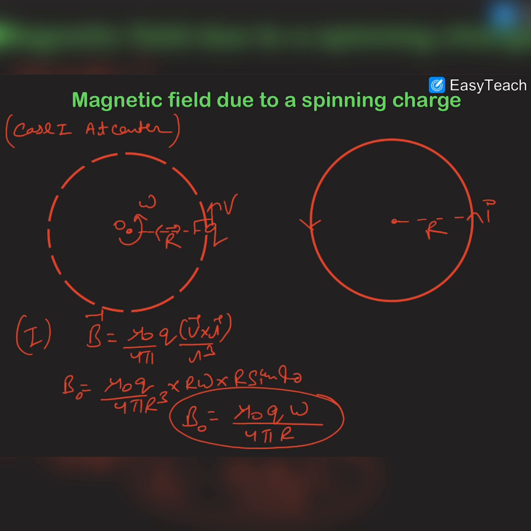Now if we find out this magnetic field by a different analogy, in which we will consider this moving charge as a current carrying loop, and obviously you should always remember that if a charge is moving around a circle, then the average current flowing in that circular loop, which we are taking as an equivalent circuit of this path.